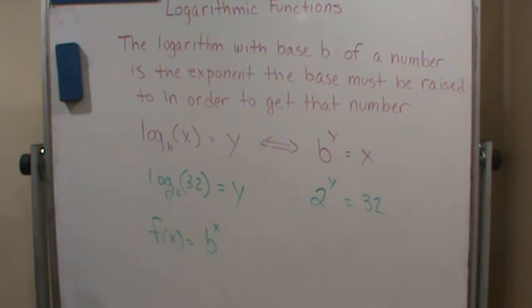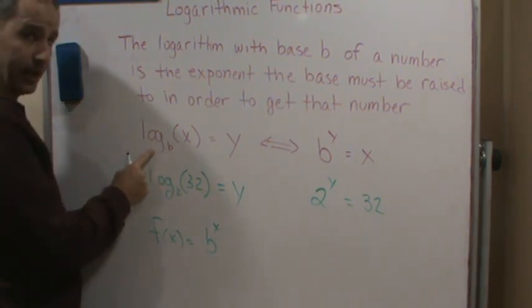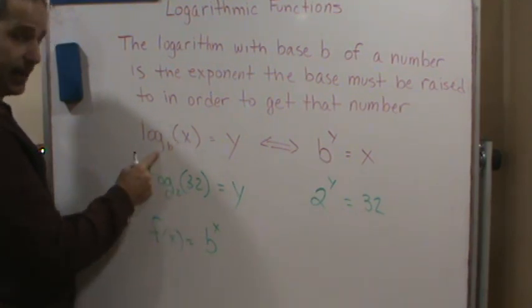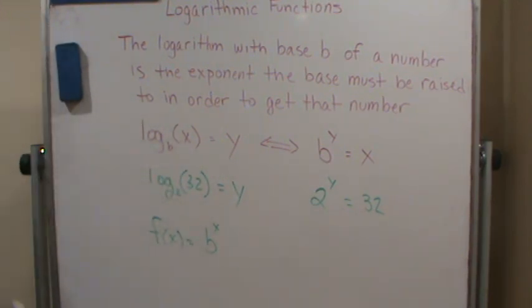And instead of having a horizontal asymptote like the exponential function, it has a vertical asymptote at x equals 0. Okay, we'll stop there and we'll do some examples next time.